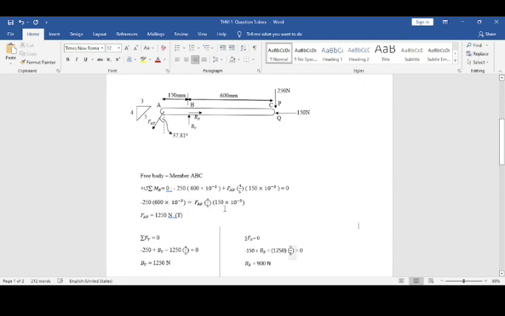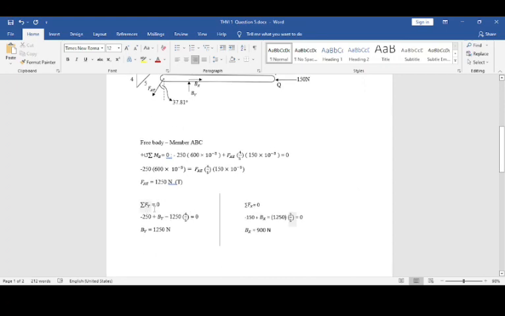So negative 250 bracket 600 times 10 power negative 3 is equal to FAE 405 times 150 times 10 power of negative 3. So the FAE is 1250 Newton.